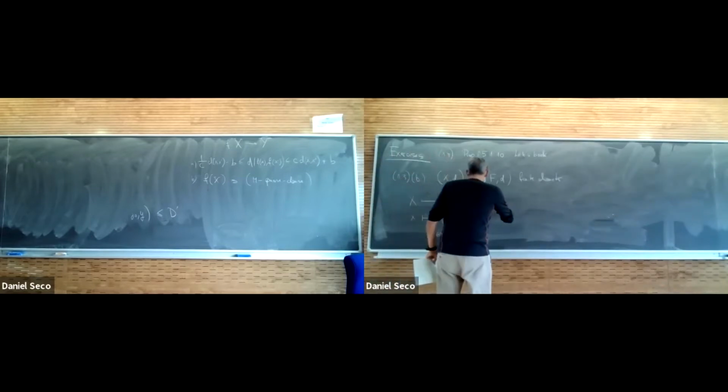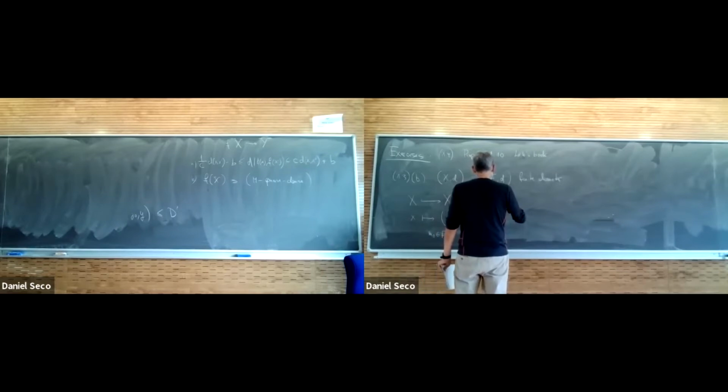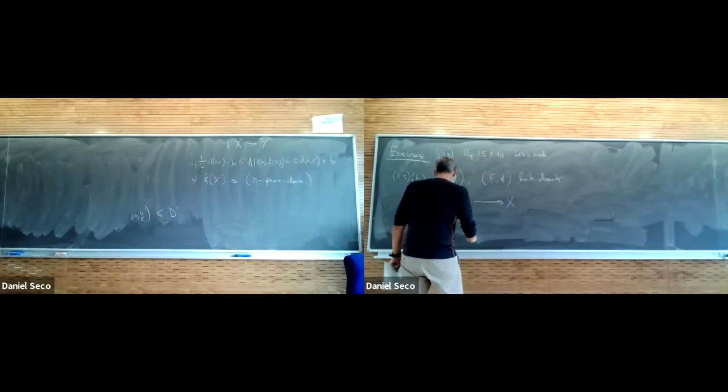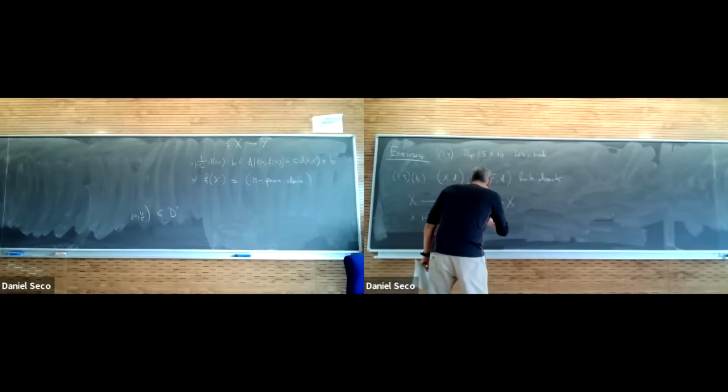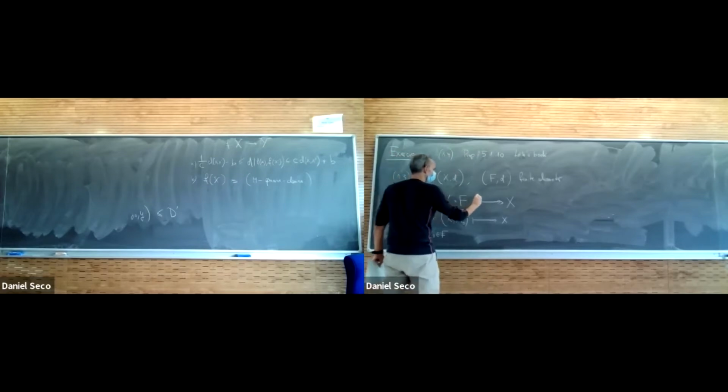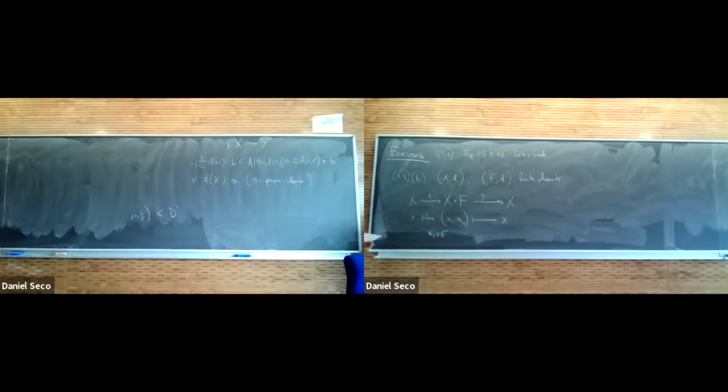And once you take a projection onto x back, forgetting about this fiber, if you want, this is a projection, and this is a projection. All of these are quasi-isometric. That's a very nice picture.